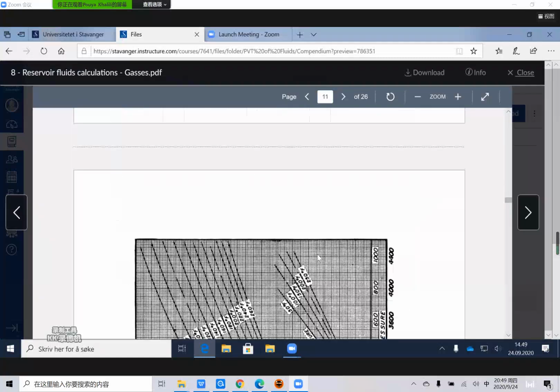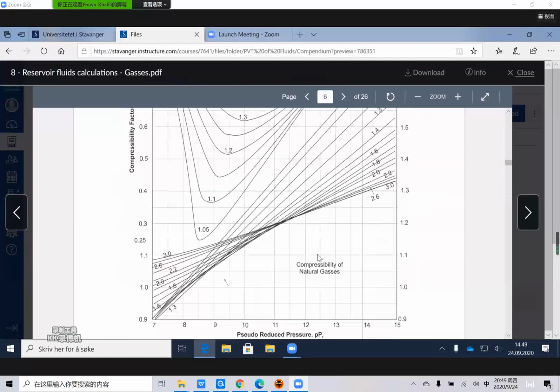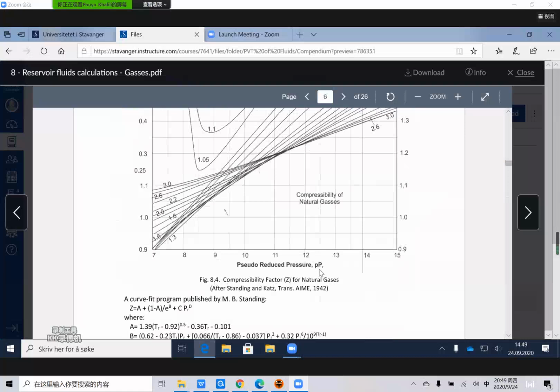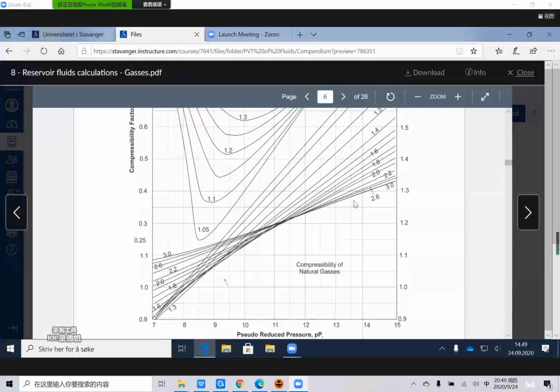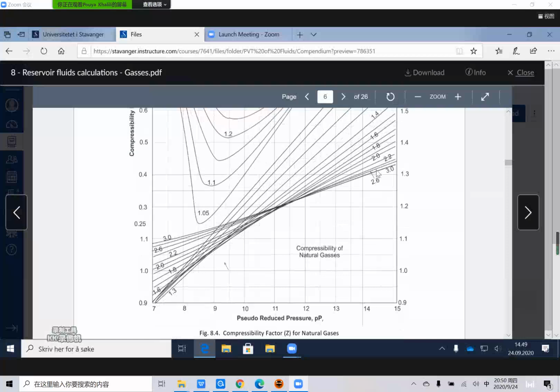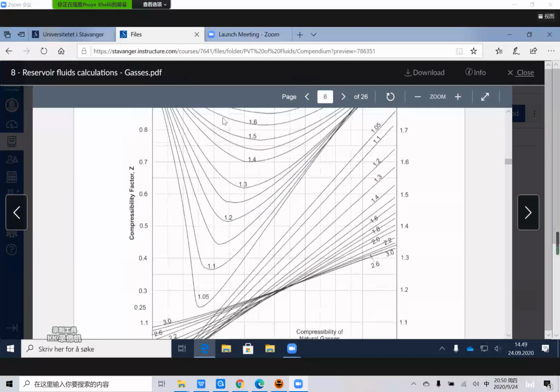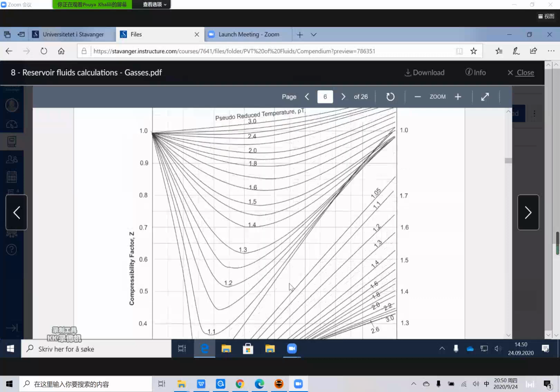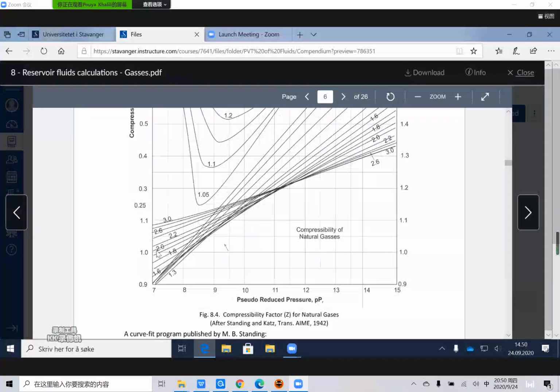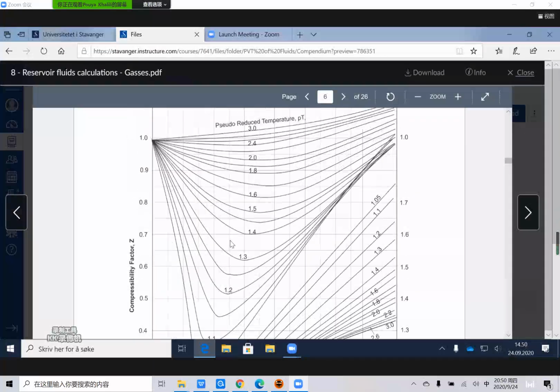Yeah, this is the Standing-Katz figure. On the x-axis, we have the pseudo-reduced pressure here. And in the figure, you can see these lines are the pseudo-reduced temperature. By having those data, you can find the compressibility factors for each set of pseudo-reduced properties.